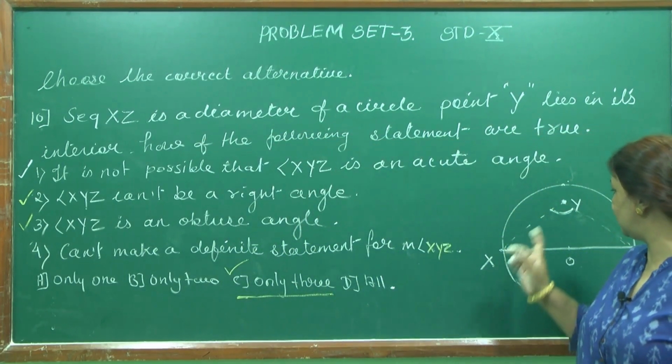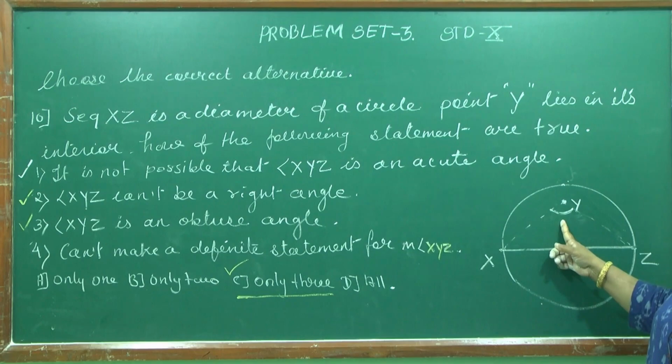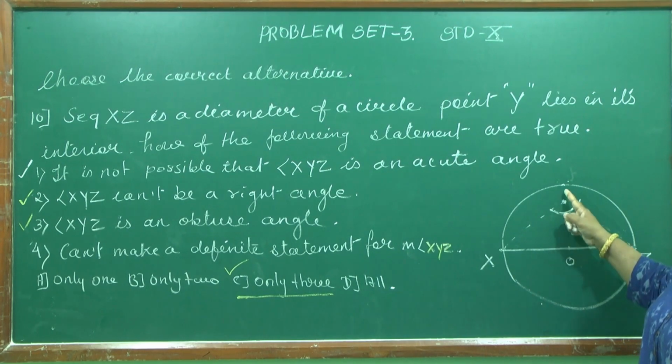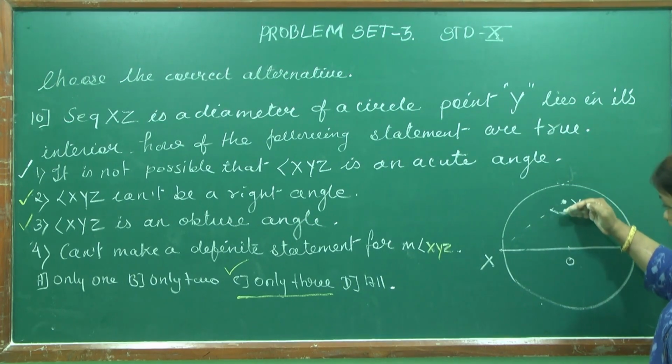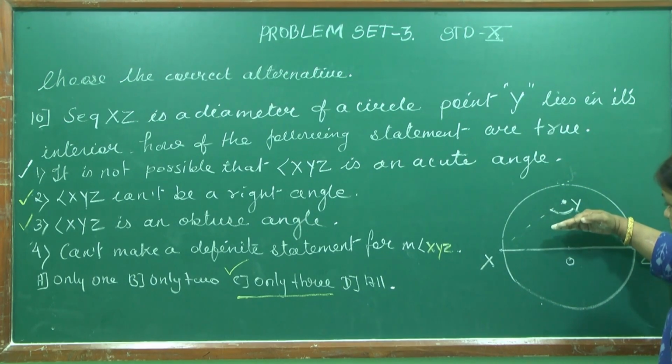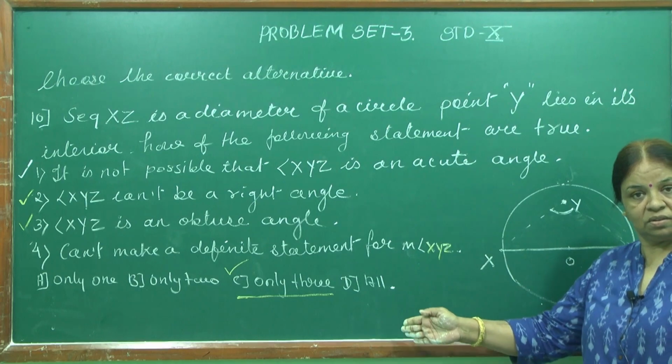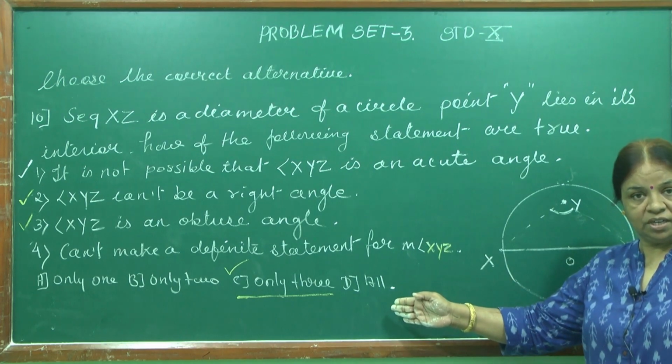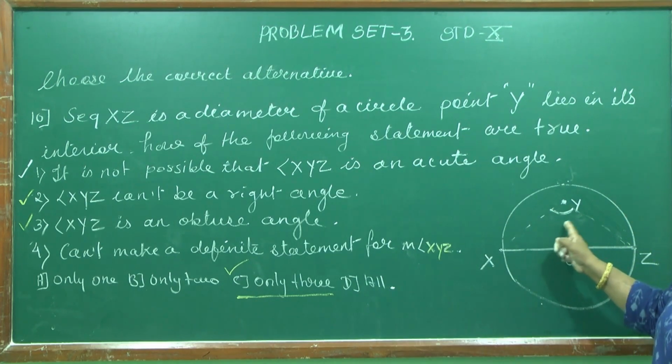I hope, children, you must have understood. If the point is on the circle, it will make 90 degrees. If the point is inside the circle, the closer it goes, the broader the angle becomes, and it will be more than 90 degrees.